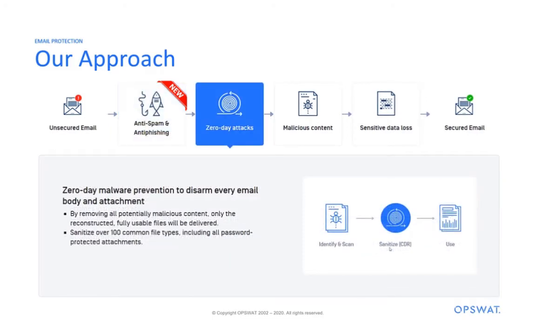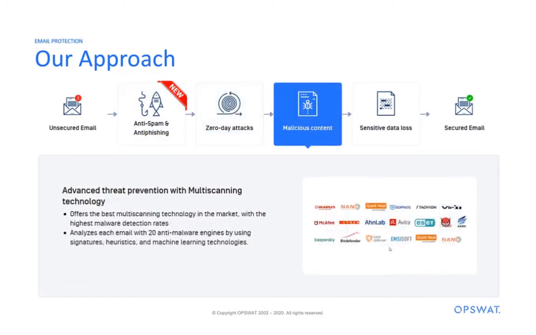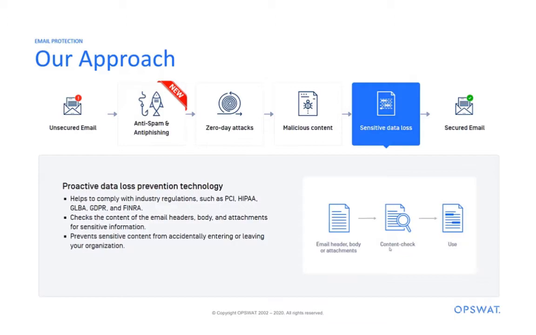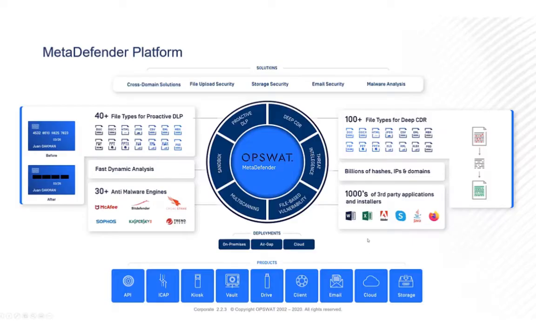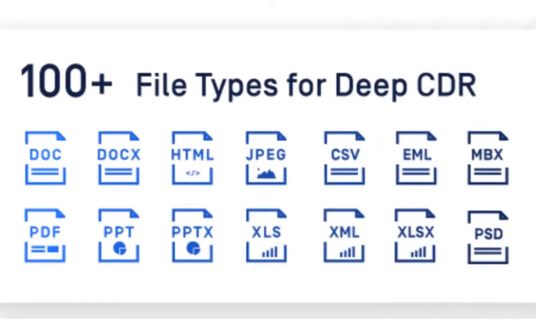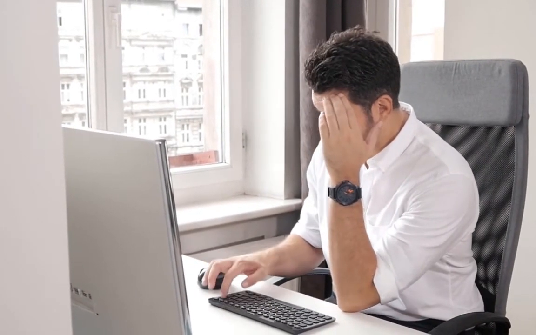This type of attack has a high success rate because most users don't expect common file types to contain infections. For high-risk files or scenarios, content disarm and reconstruction prevents malicious content, including zero-day threats, from executing.